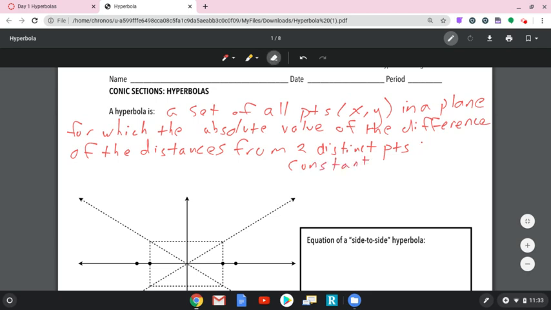Those two distinct points that we were talking about are the foci.